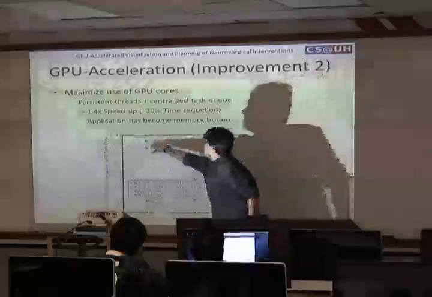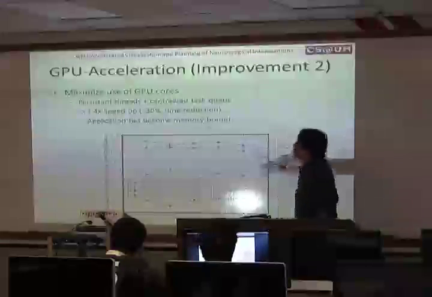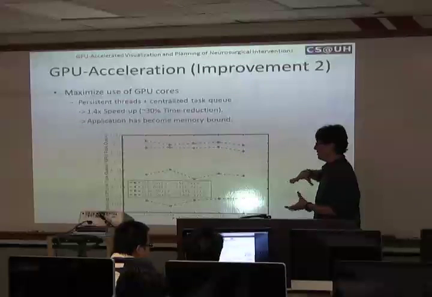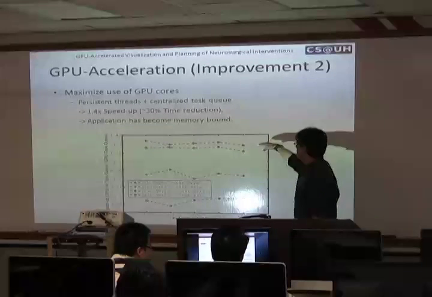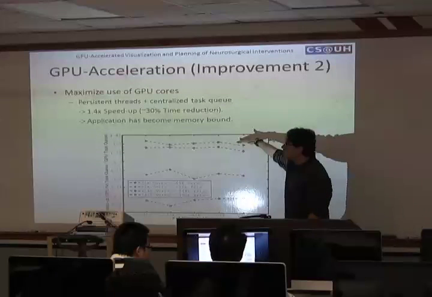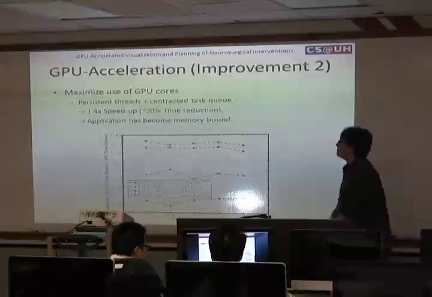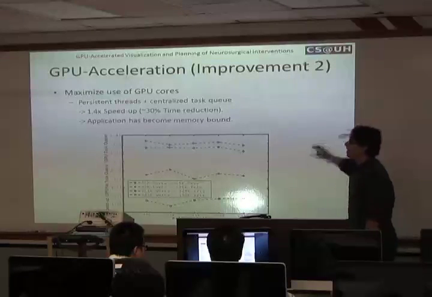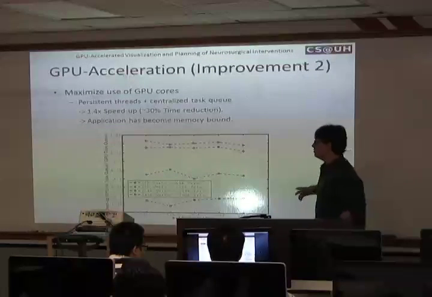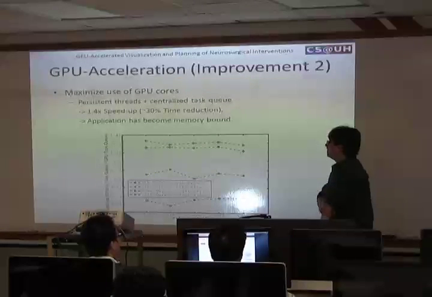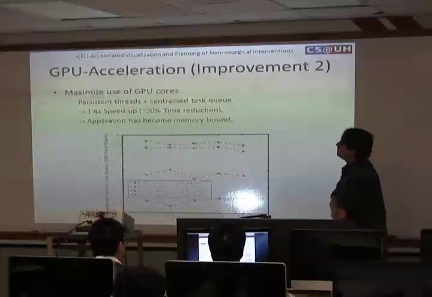This line right here is for a binary structural mesh that is really large. At this point it seems to me that the application becomes memory bound, and no matter how big our binary structural mesh is, it doesn't get any better than that, a 1.4x speed-up.